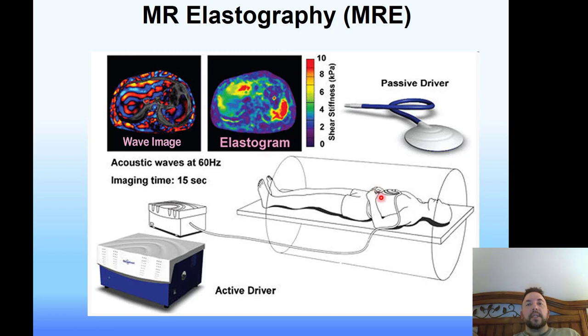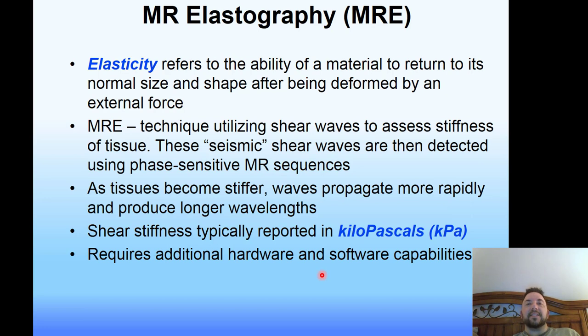Most commonly the application is used for liver stiffness, and especially in certain indications or conditions, MR elastography can be extremely beneficial for liver disease, for hepatitis conditions, things of that nature, where the stiffness and the elasticity can be just absolutely valuable with the diagnostic quality.